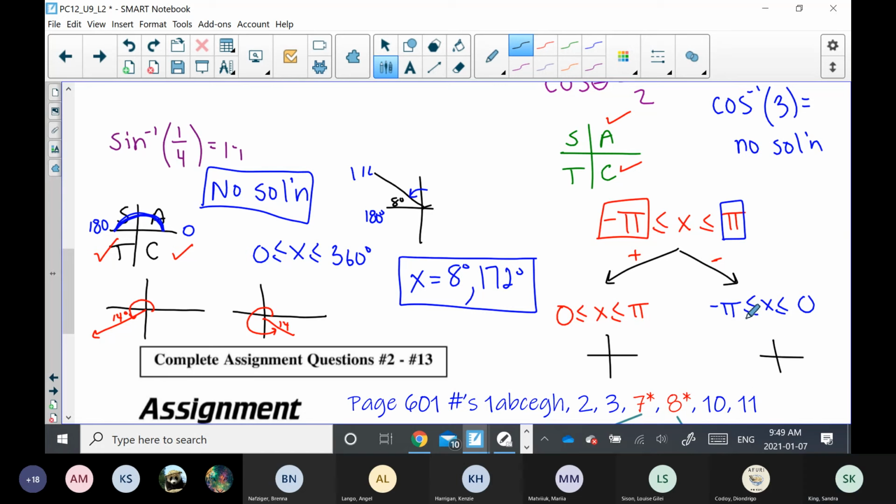So we know that we've got an answer here and we've got an answer here, right? We've got two different answers. But now I've got to do it according to the domains. So according to this domain here, x is less than pi and greater than 0. So if this is 0 and this is pi, x less than pi and greater than 0 tells me I could have a solution within these two quadrants.